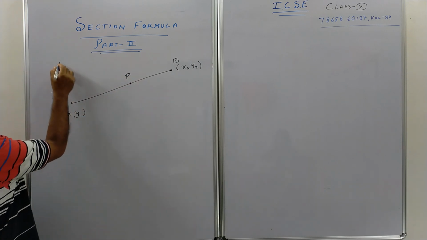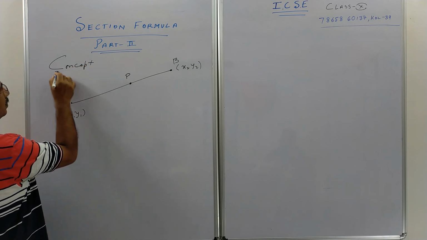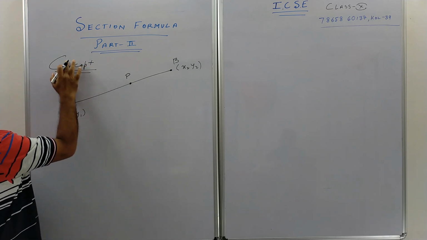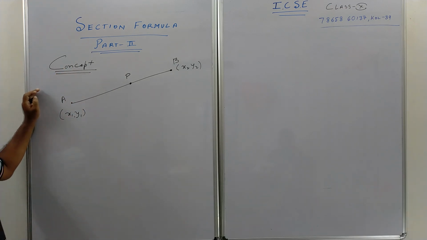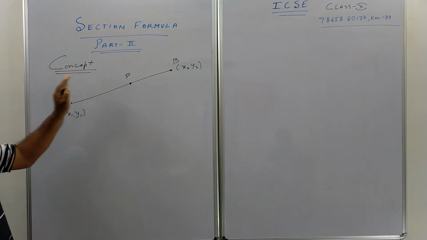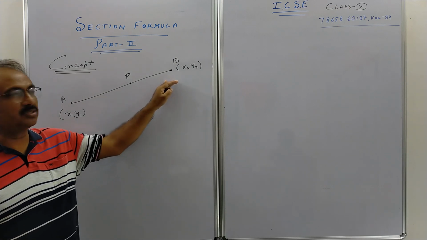So this is what I start with in all my other videos, the concept of section formula. We have a line segment; a line is infinite, a line segment is finite.